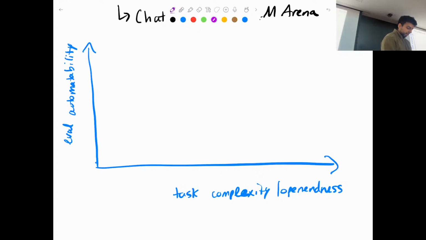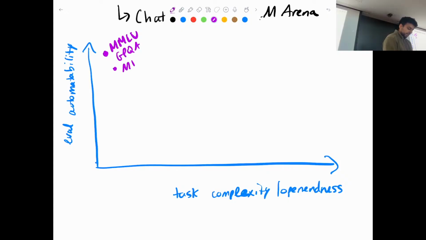So up here is the corner of very automatic, very easy to evaluate tasks that are also not open-ended. So I would say something like MMLU is in this, or GPQA, which is the one we just looked at.